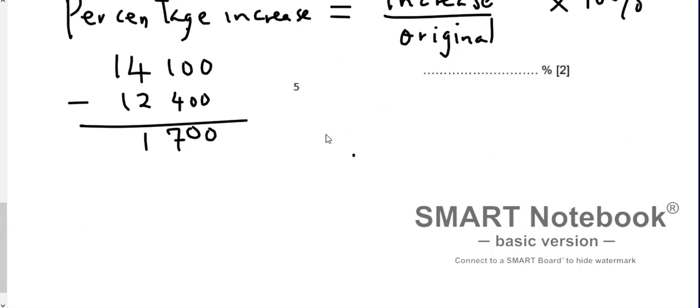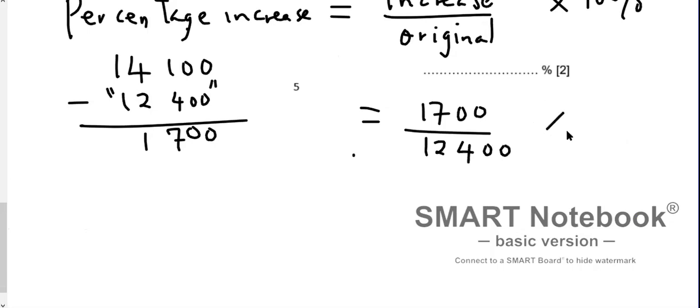So now I'm going to take the increased amount, which is 1,700, divide by the original. The original is 12,400. Then you multiply by 100%. Okay, so when you work that out, these zeros will cancel. And then you start simplifying.